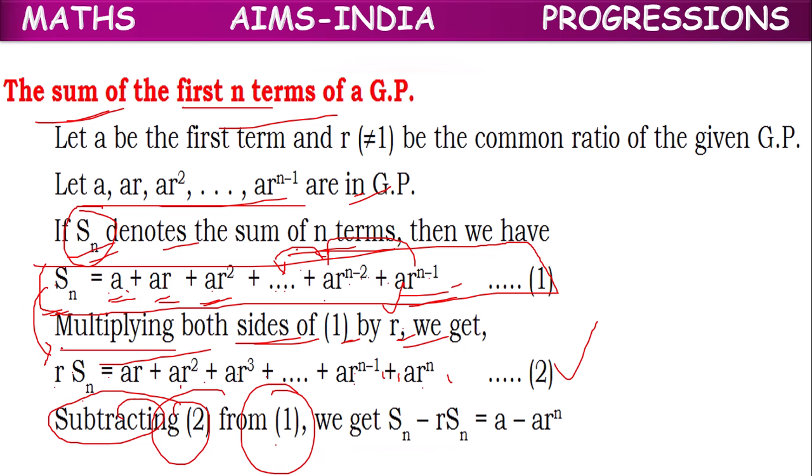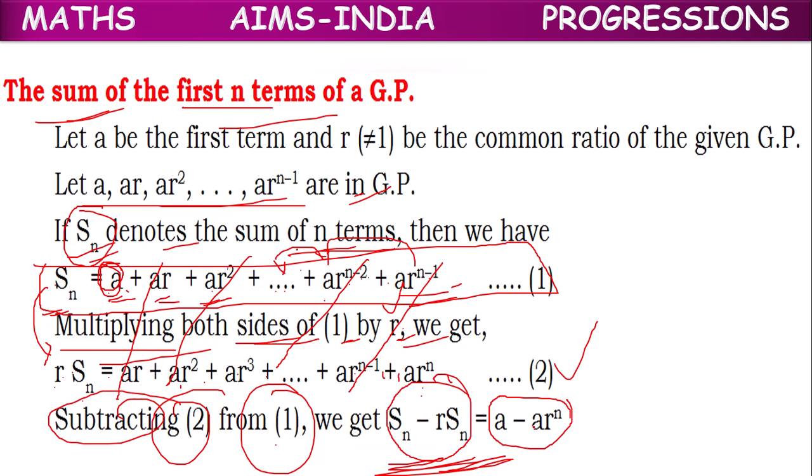Now, if we subtract second equation from first equation, so Sn minus r Sn, if we do it, here a will remain, ar cancel, ar square cancel, ar power n minus 2 cancel, ar power n minus 1 cancel. What will remain? Only a will remain, minus ar power n will remain. So Sn minus r Sn equal to a minus ar to the power of n.